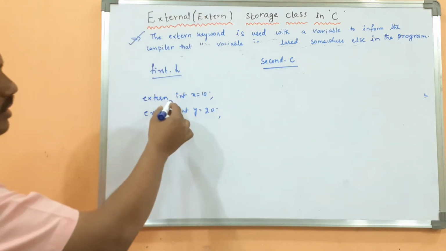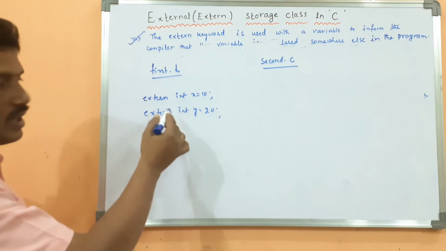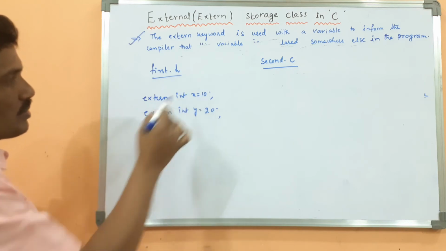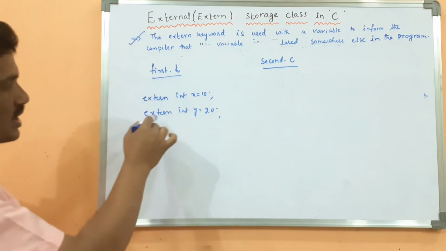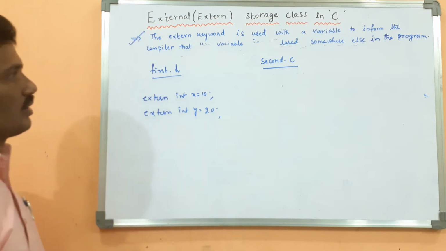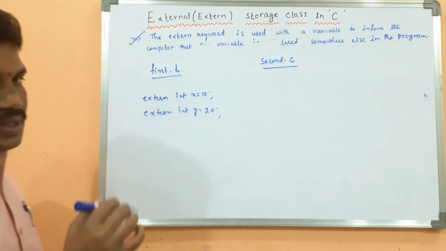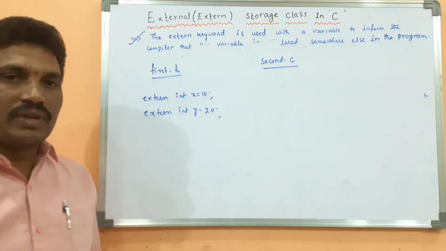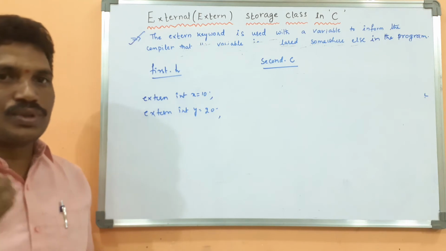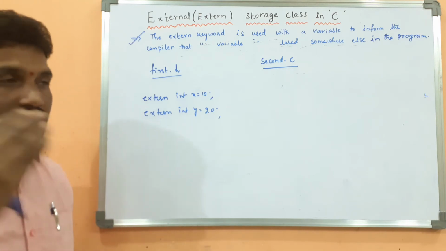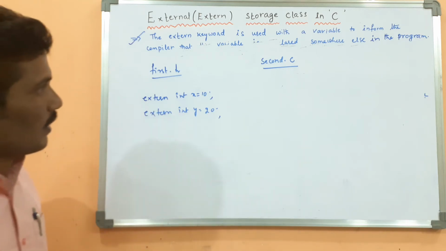In this file I write two statements: extern int x = 10 and extern int y = 20. I wrote two statements inside the first.h file, because by using the extern keyword we are able to access variables or functions from one file in another file. How is it possible? We will see in this example.